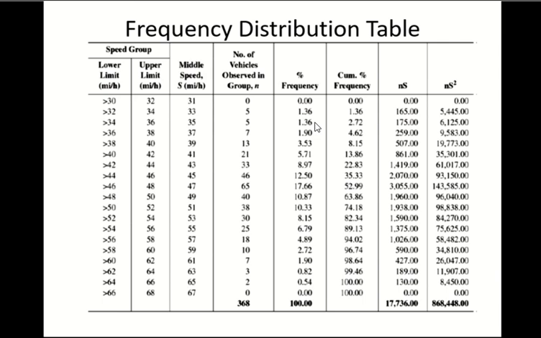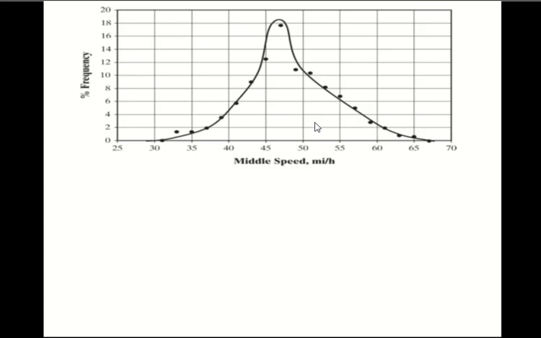On the y-axis, which column? Column number 5, this one. And on the x-axis, which column? Column number 3, middle speed. Clear? This is the percentage frequency distribution graph.